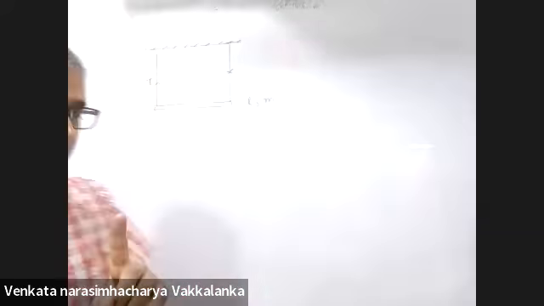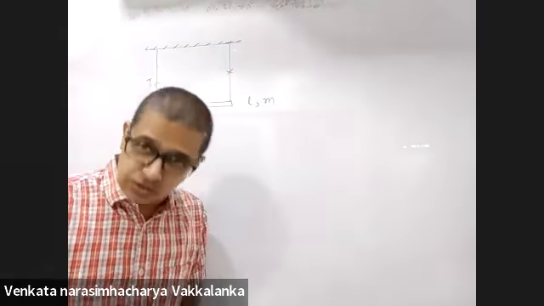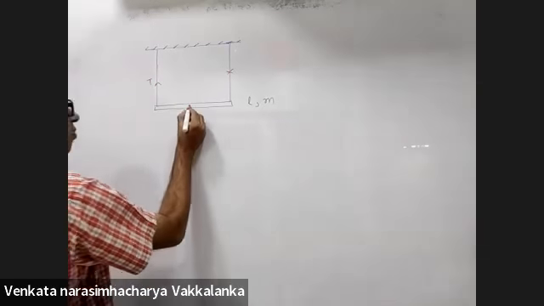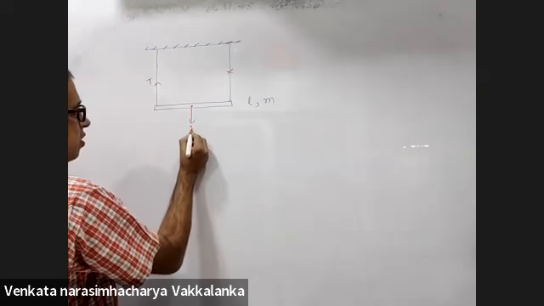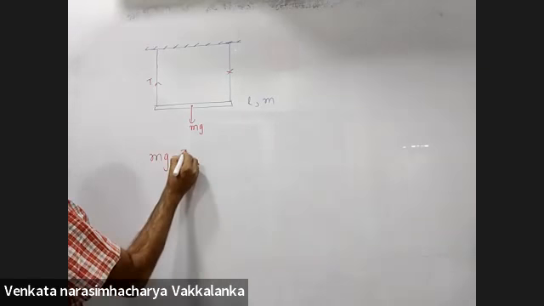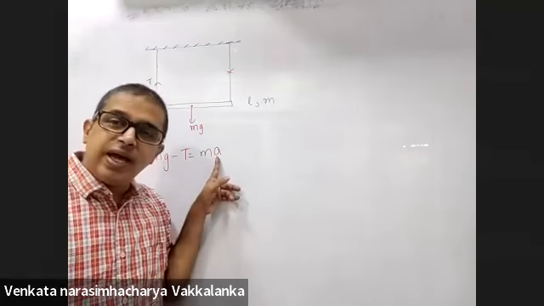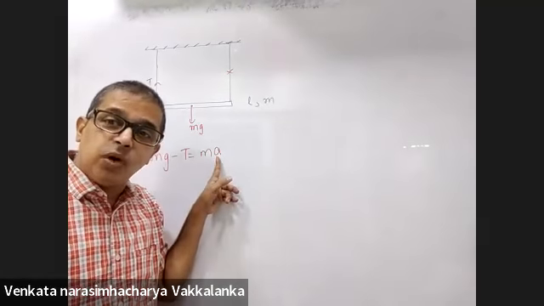So learn it properly. First point, the translational dynamic equation we learned in the chapter Newton's laws. Vector sum of all the forces: this is mg. mg minus T is m into a. A will be the acceleration of which point of the body?